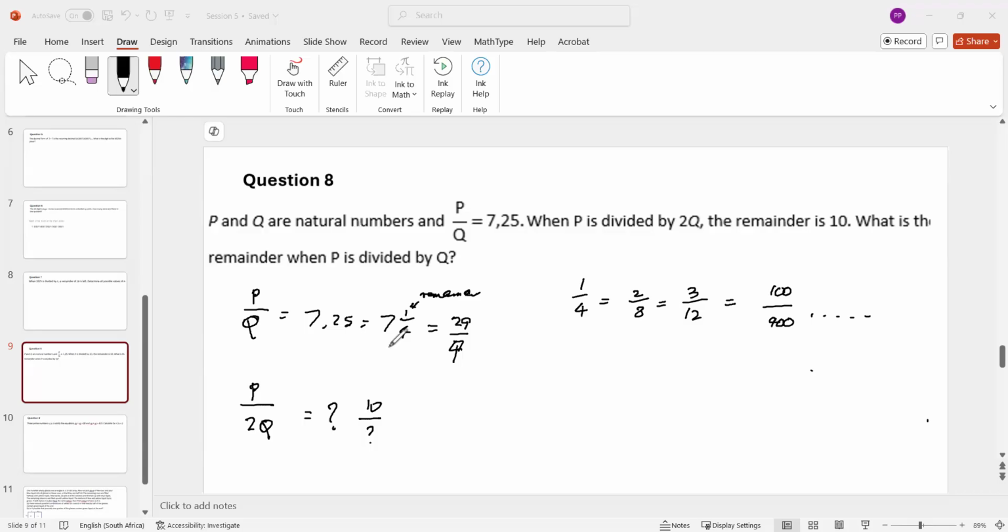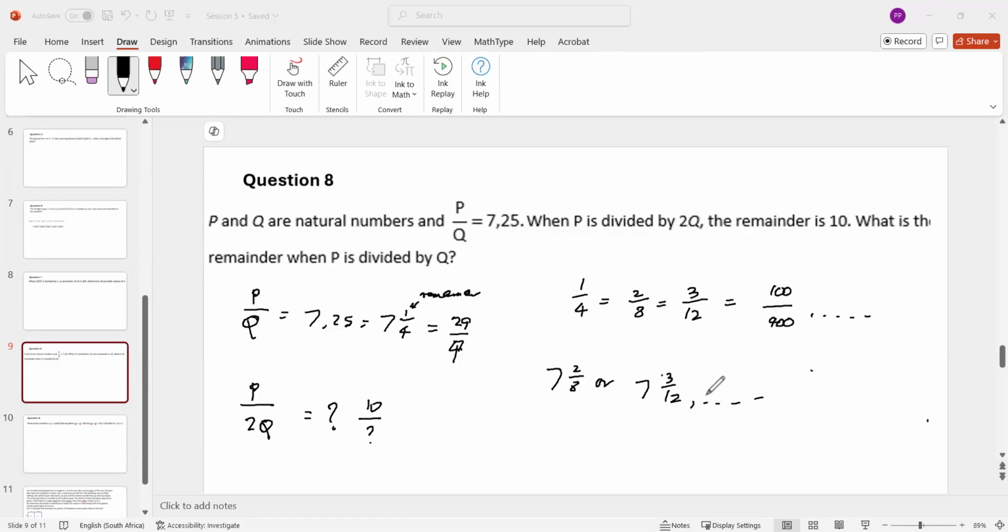So when you are writing this as 1 over 4, this need not be the unique way. You could have written 7 and 2 over 8, or 7 and, if you're multiplying by 3, 3 over 12. So there are quite a few ways of writing this fraction.